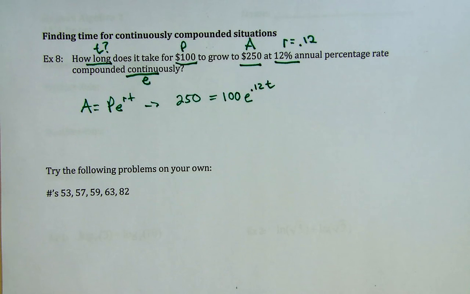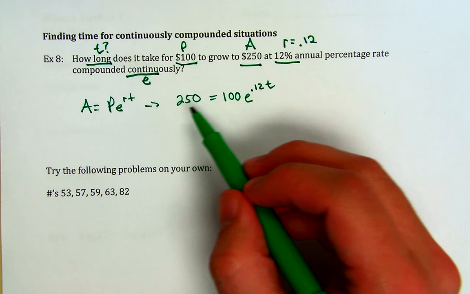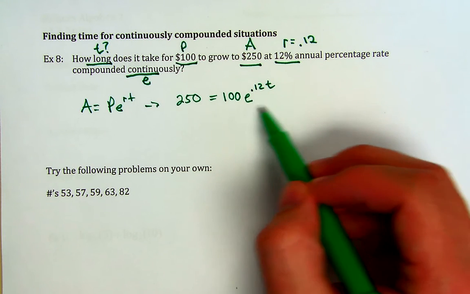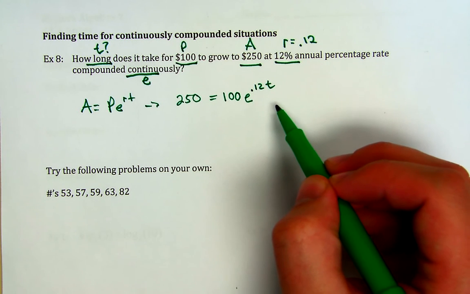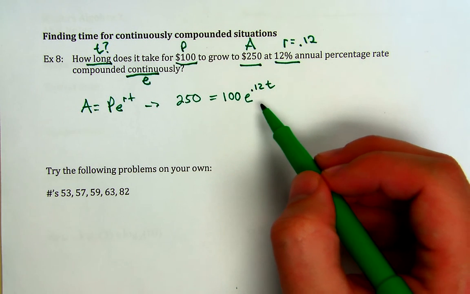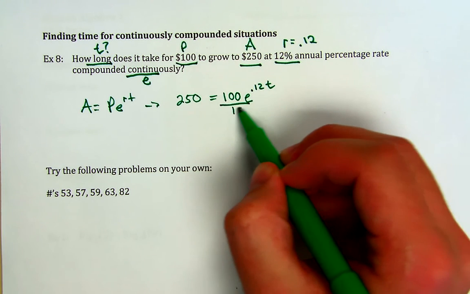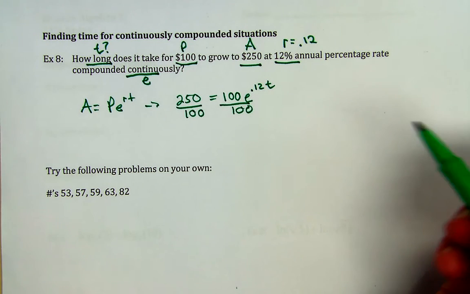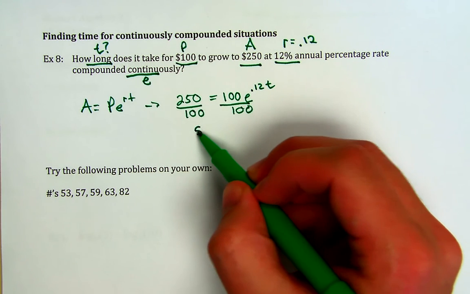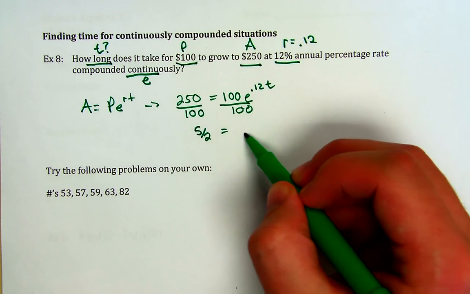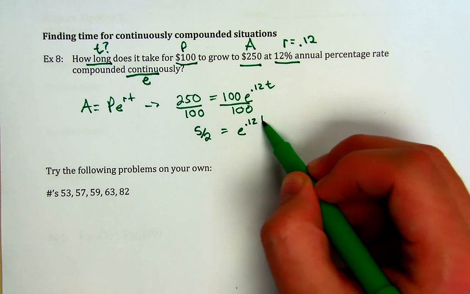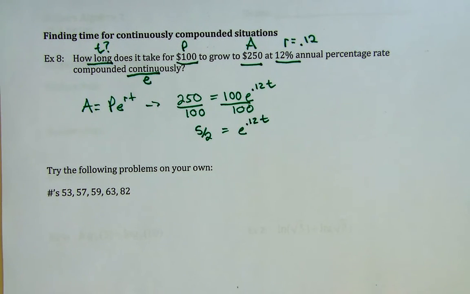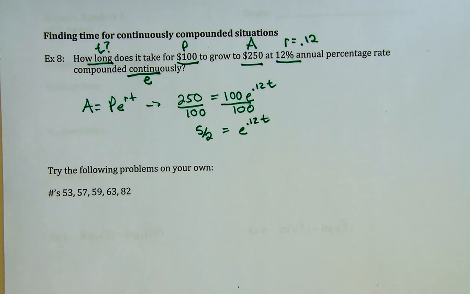Well, in order to take the natural log of both sides, I need to isolate e, because then I can use the property. So divide by 100 first. 250 over 100 is going to reduce to 5 halves equals e to the 0.12t. So again, remember that the natural log of e is just 1.